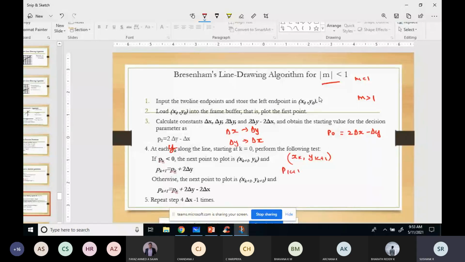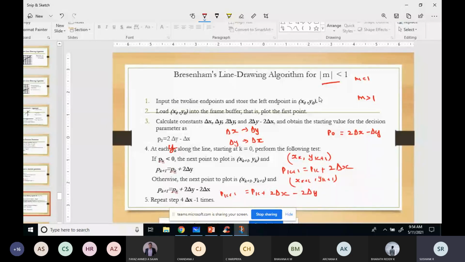P of k plus 1 is equal to pk plus 2 times delta x. Otherwise, the point is x of k plus 1, y of k plus 1, and p of k plus 1 is equal to pk plus 2 times delta x minus 2 times delta y. So this is the only modification.